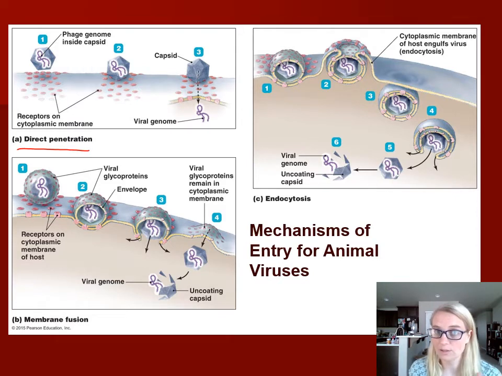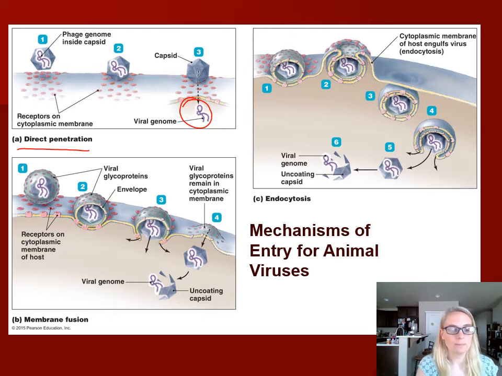It's a trick though. It's not saying, oh, I recognize you, virus, come on in. The cell's saying, oh, hormone, okay, come on in. So the virus tricks the host cell to let the viral genome get inside. In direct penetration, the capsid stays out and just the viral genome comes into the host cell.